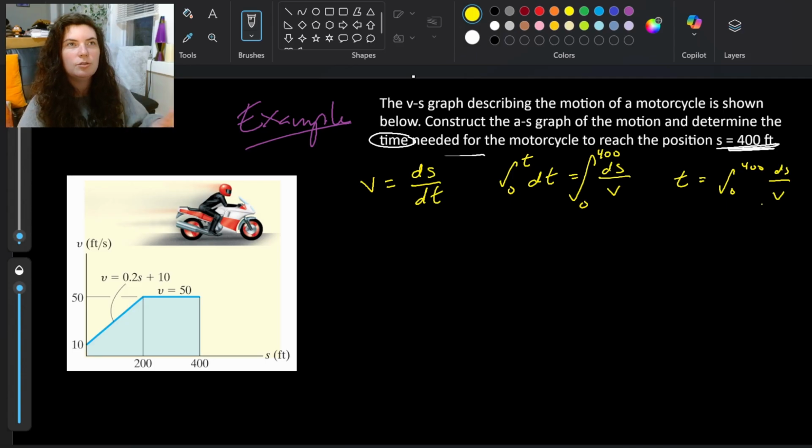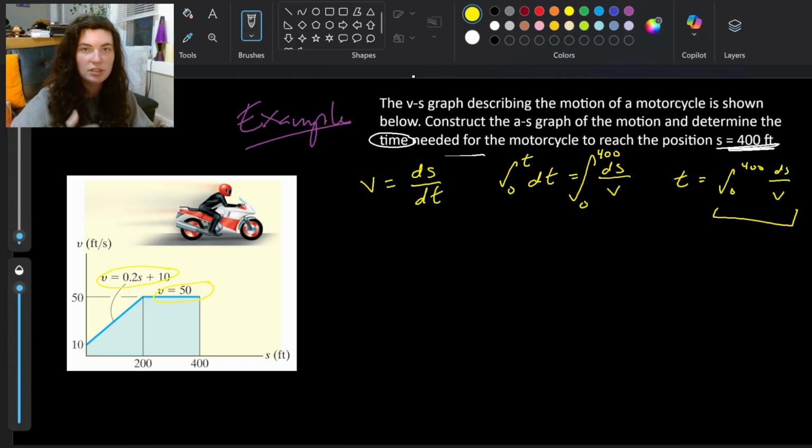I kept it as 0 to 400 ds over v because we're actually going to have to split this up, because we have two different velocity functions that have to be plugged into this integral. So we'll do one from 0 to 200 for the first velocity function, and again from 200 to 400 for the second velocity function.